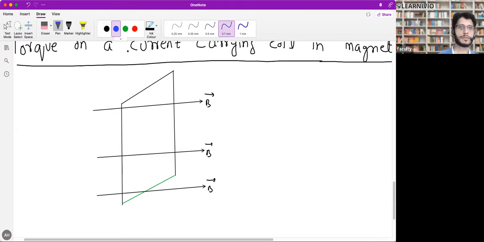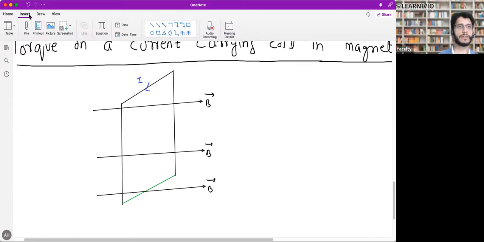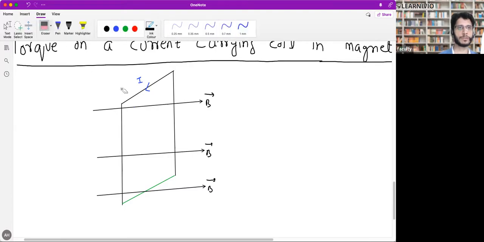Did you just say the coil is perpendicular to X, like YZ? No, the coil is somewhat tilted. The coil is tilted. It's not exactly perpendicular. Let me give me one second.